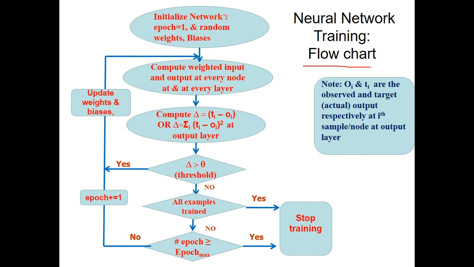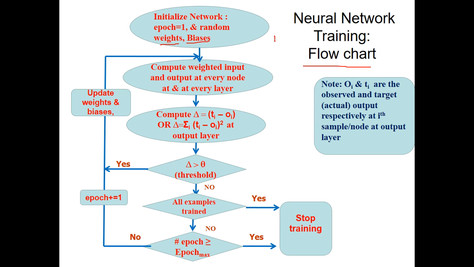After constructing the model, after designing the model, we shall initialize all the weights and bias terms randomly, and also we shall start a variable epoch. Epoch means how many iterations of complete sample.